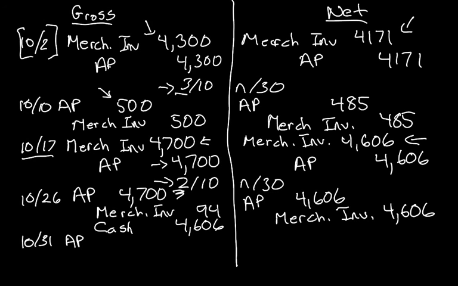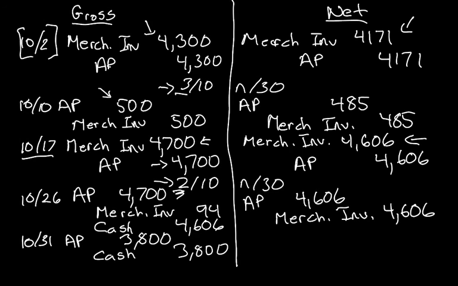So that means you only have $3,800 on account that you owe. So you're going to pay the accounts payable of $3,800, and we're going to pay that in cash, and that's $3,800.